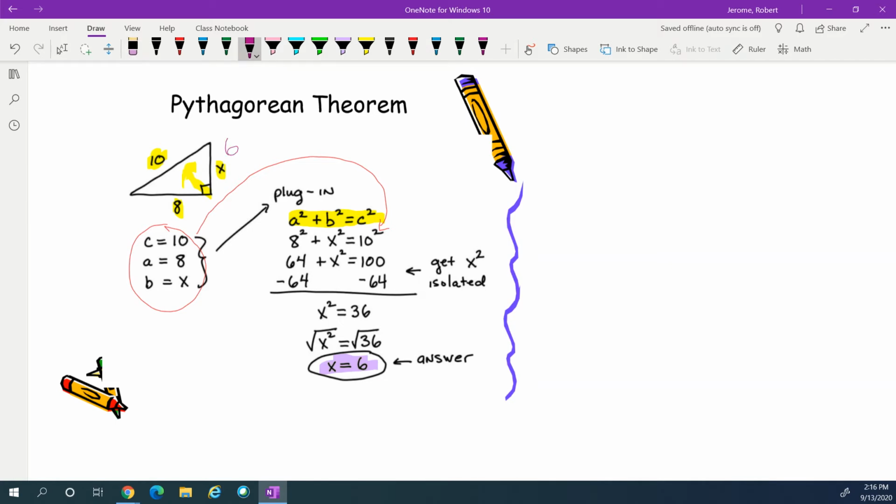So again, we can call it b because that's in the formula, or we can put in x because that's the variable in the problem. Ultimately, we get that same result. Okay, so our sides here are 6, 8, and our hypotenuse is 10. So with Pythagorean theorem, we should be able to work with fractions, decimals, integers, radicals. It doesn't matter.